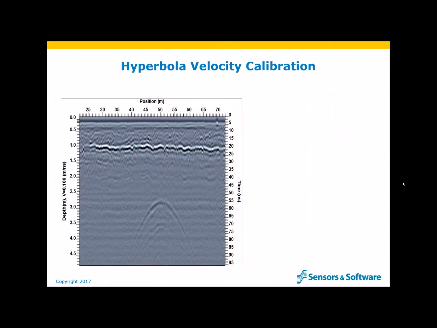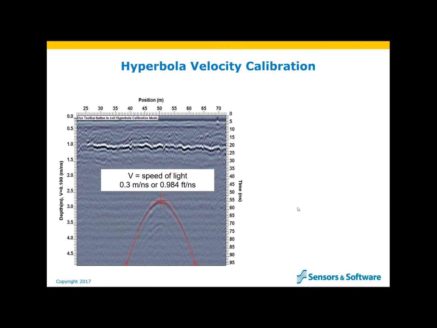Now, we have already discussed that the shape of a hyperbola can be used to measure the velocity of the soil. But what does it mean when you do a velocity calibration on a hyperbola in the GPR line and you get a velocity of 1 foot per nanosecond?